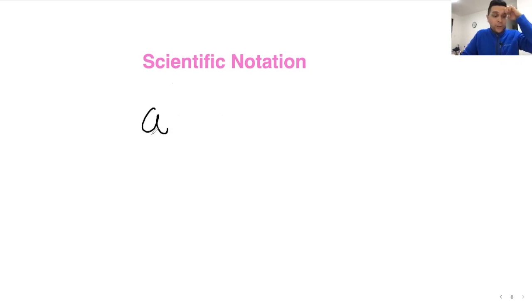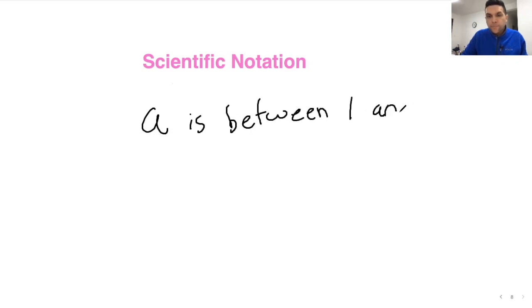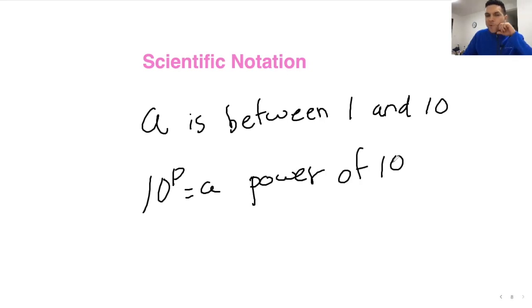A is going to be between 1 and 10, and a power of 10, where P is going to be our exponent for our power.